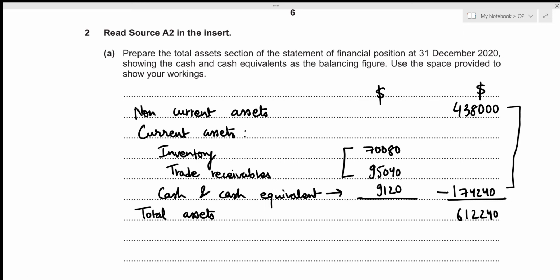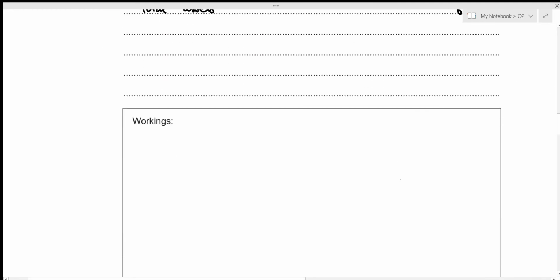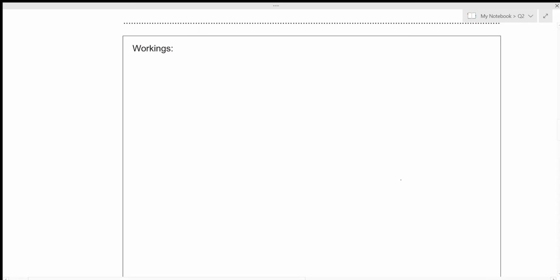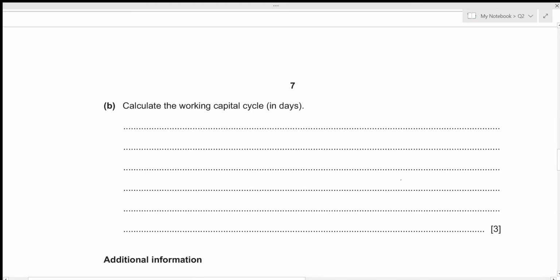And this also concludes the first part of this question. Now we can move to the second one. Whatever workings I did all over the question paper, you guys should be doing that inside this particular box. Okay. Now we need to calculate the working capital cycle in days.